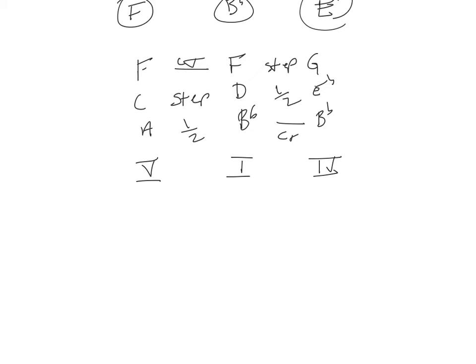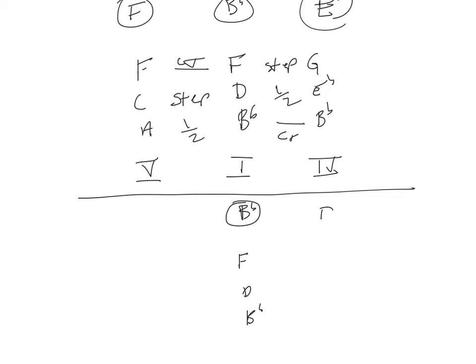So let's take a look now and see what happens when we move this B flat, D, F chord by thirds, and let's take a look at the voice leading and see how it compares to what was done in the past. First we'll look at moving this chord a minor third in either direction.